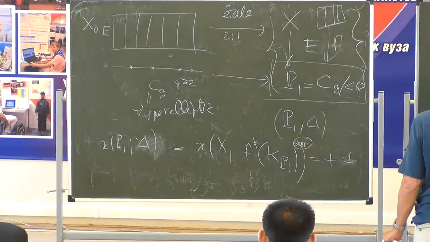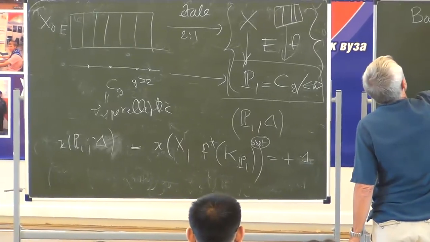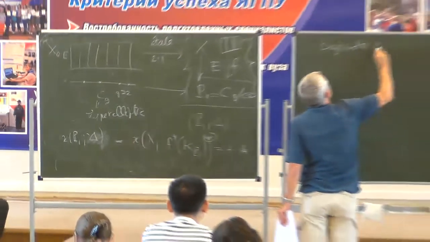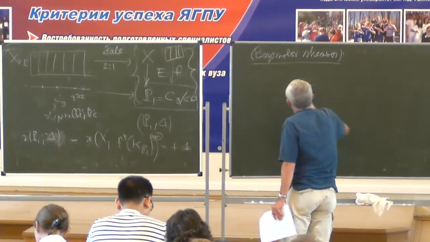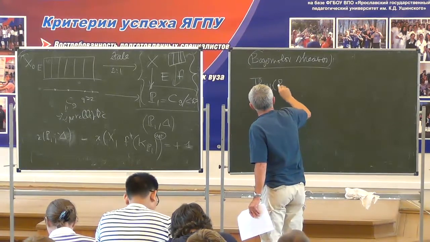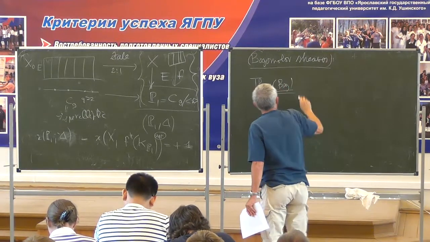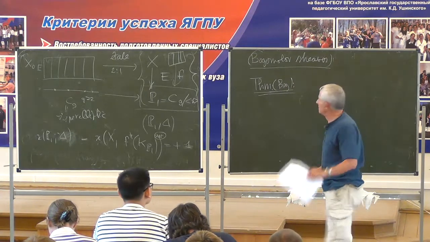And this is what I will explain. Now the first part will be about what I call Bogomolov sheaves. And so the theorem is this in general. This is due to Bogomolov, an older result of Bogomolov, 1978, I believe.